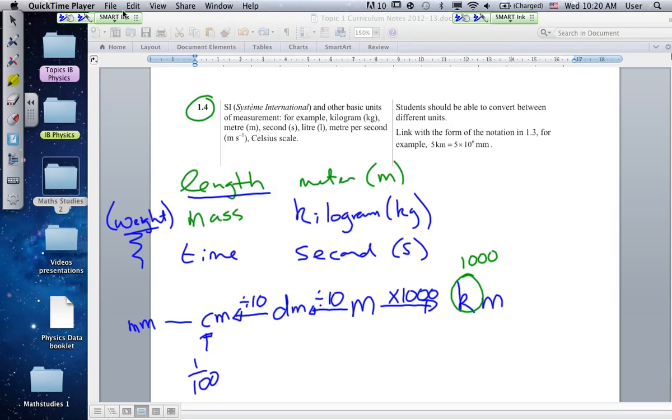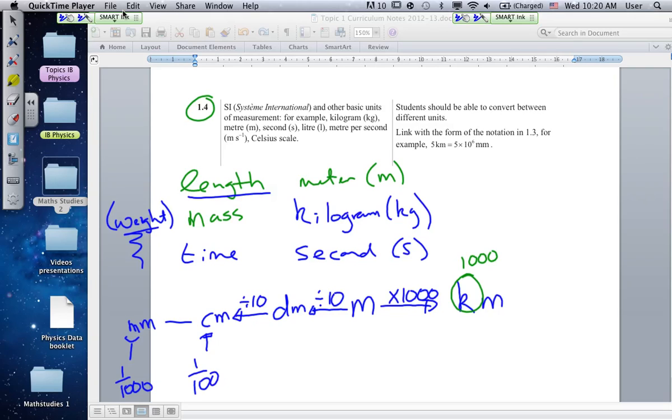It's divided by 1,000. This milli over here means 1,000th of a meter. So there's 1,000 millimeters in a meter. So if I am converting from meters to millimeters, I obviously have to multiply it by 1,000.